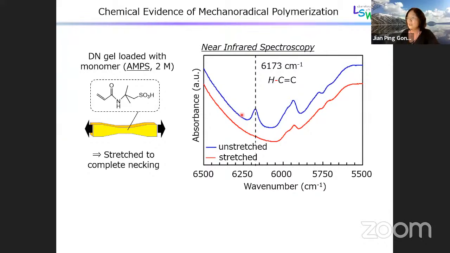As shown here, for the unstretched sample, when we load the monomers, we can see the double bond clearly. After we stretch the sample and wait a while, the double bond peak completely disappears. So that means all these monomers are polymerized in the gel system.